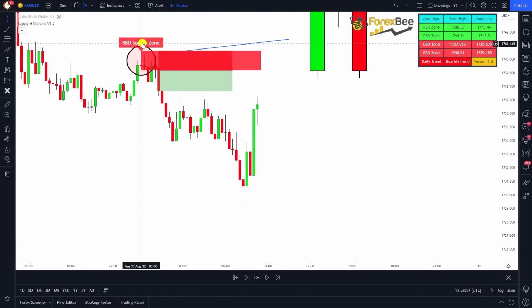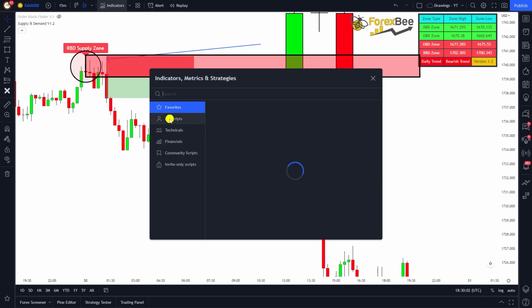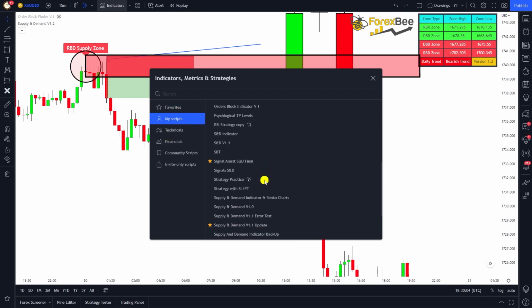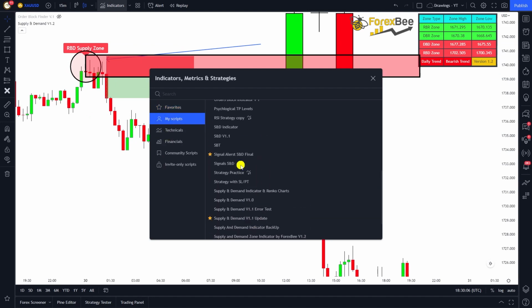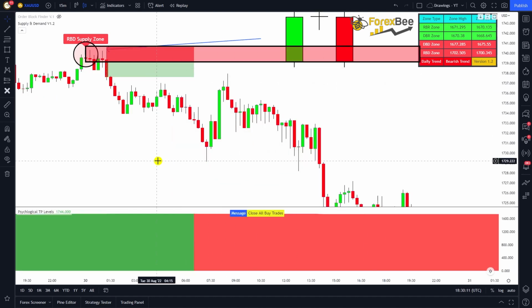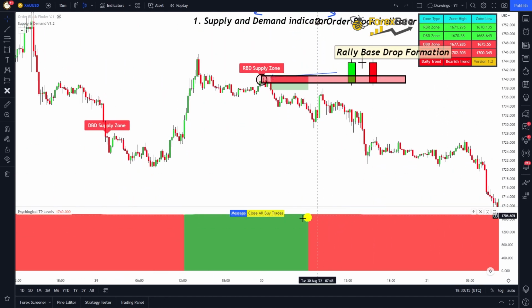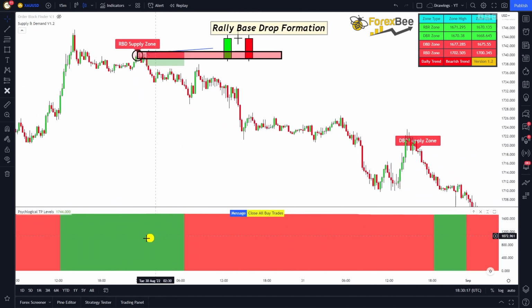So the only thing remaining now is where we should close the trade, and in order to determine that, we use the indicator called the psychological TP levels indicator. And if I just go ahead and apply the indicator here, let me go towards the indicator. So it's the psychological TP levels indicator, and as soon as I apply the indicator it starts to show two areas. The two areas are this green area and this red area.